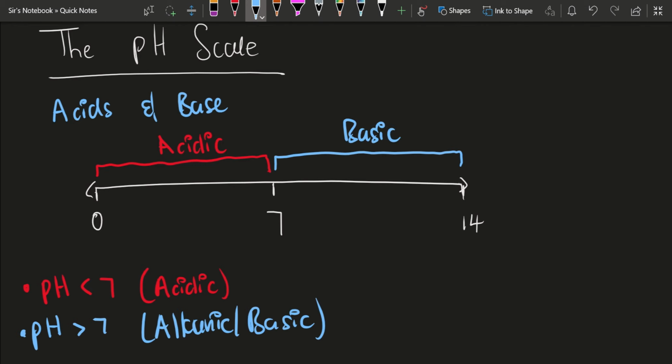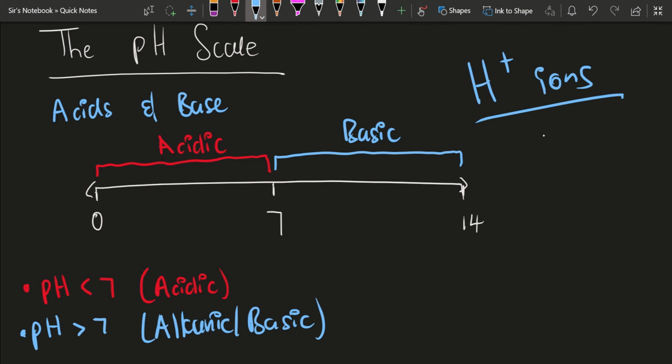Cool. Now, we've looked at the pH scale, and in essence, if you have a greater concentration of H plus ions, then that particular solution becomes more acidic.